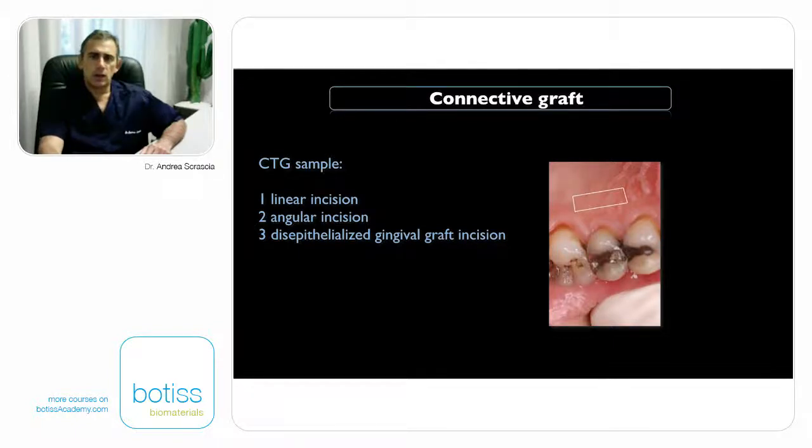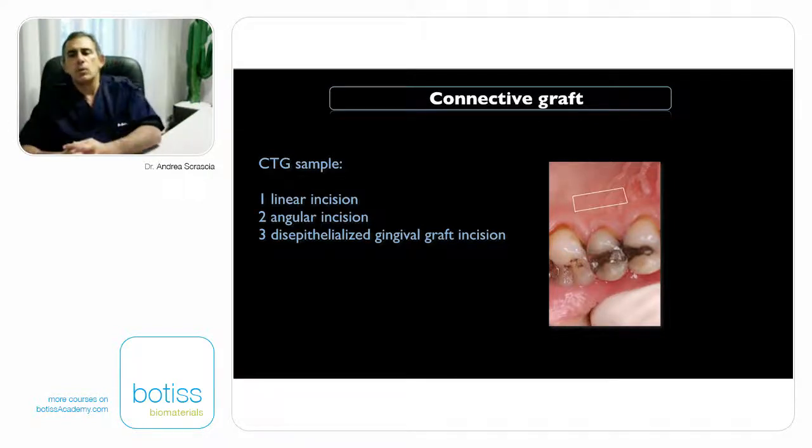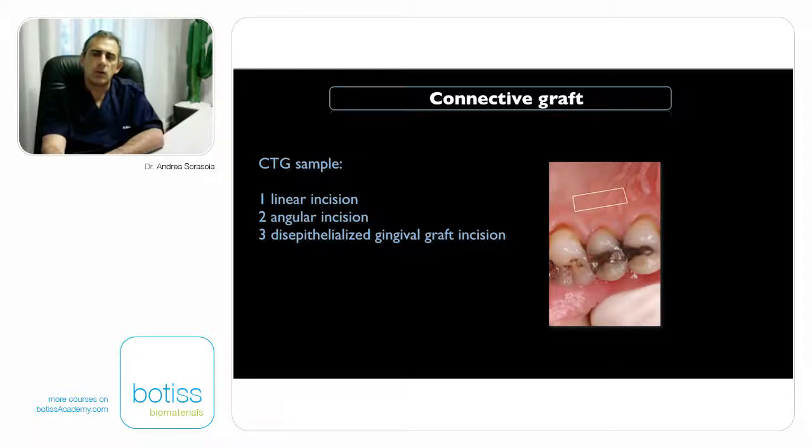So, to get the donor site ready, we can make a linear incision or angular ones, or to withdraw a free gingival graft incision.